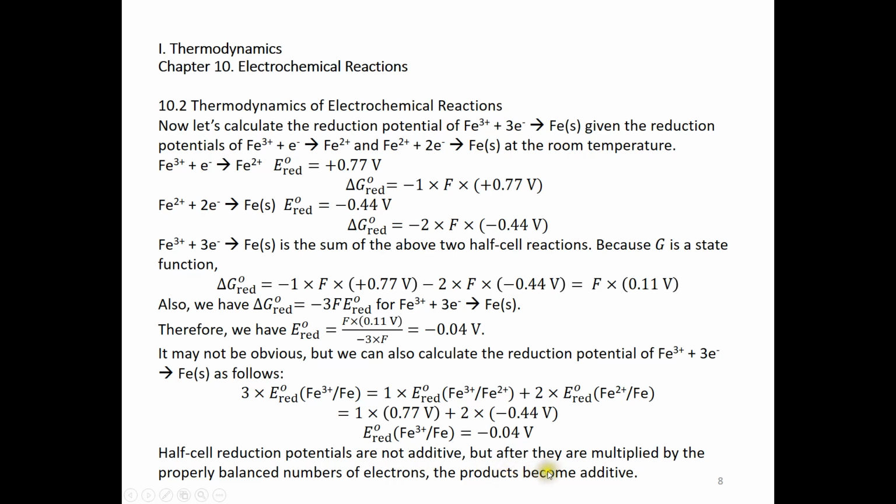Then the products become additive. The products are actually just proportional to the standard Gibbs energy of the reaction. The proportionality is the Faraday constant. And again, the Faraday constant is the charge of 1 mole of electrons.